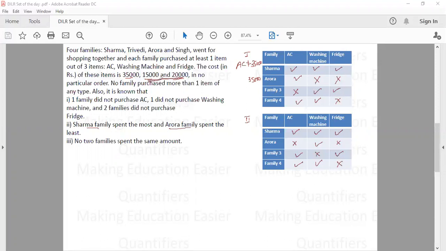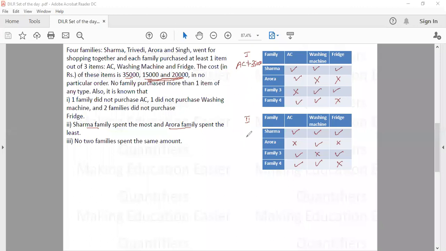Their sum is also 35,000, and that means the expenditure of family 3 on washing machine and fridge will be 15,000 and 20,000 in any order, but their total will be 35,000. In that case, these two families will be spending the same amount of money. That means in this case, AC cannot be 35,000.